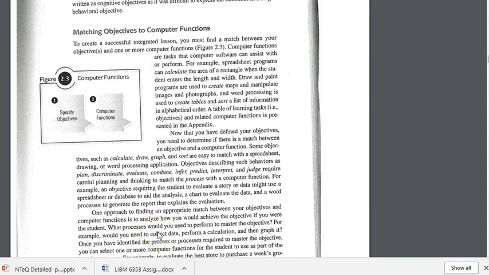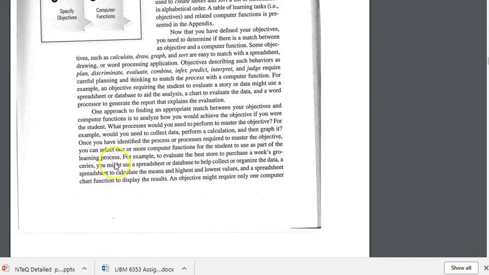What processes would you need to perform to master the objective? So for example, would you need to collect data, perform a calculation, and then graph it? Once you've identified the process or processes required to master the objective, then you can select one or more computer functions for the student as part of the learning process.